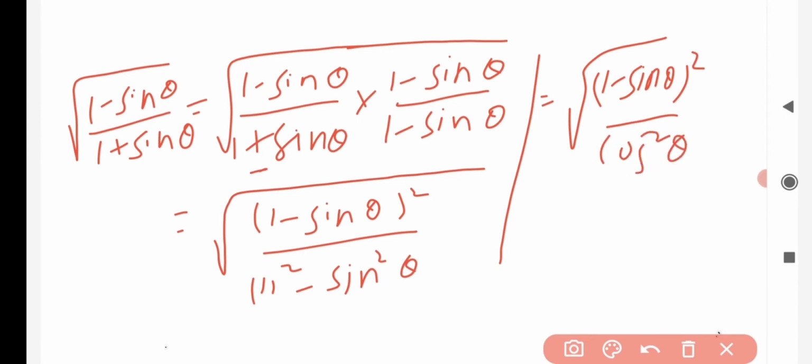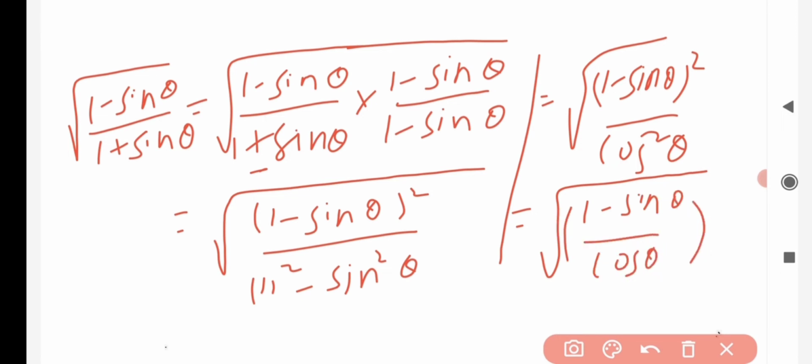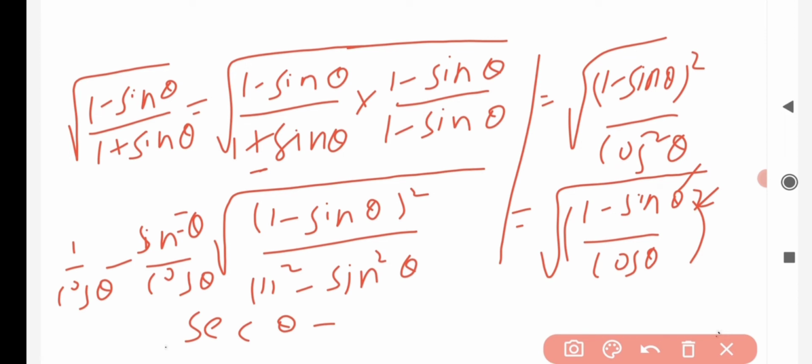We know sin square a plus cos square a value 1, that's why. So here numerator and denominator both have the square, so (1 minus sin theta) by cos theta whole square, so square root cancel, so 1 by cos theta minus sin theta by cos theta. 1 by cos means sec, and sin by cos means tan. So this is your RHS answer.